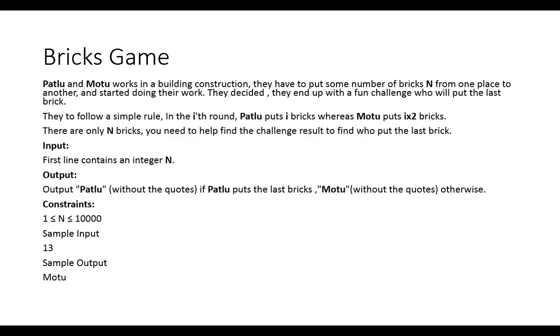Okay, now let us consider this with the help of an example. Suppose for input 13, Patlu takes the first brick. I have maintained the total picked, which is 1 here. Then Motu picks 2 bricks, so the total picked, of Patlu and Motu, is 3.